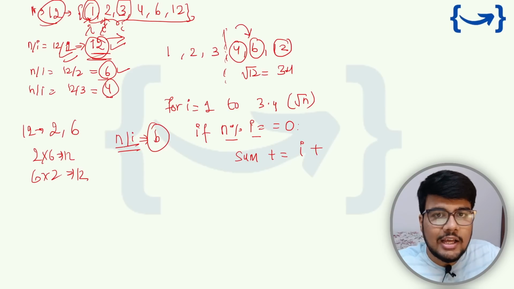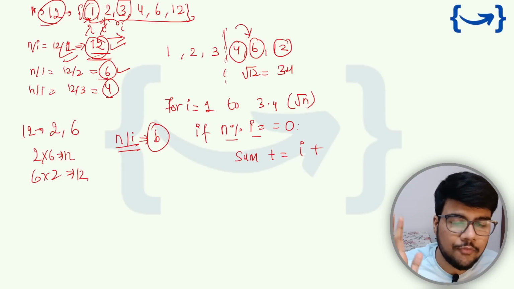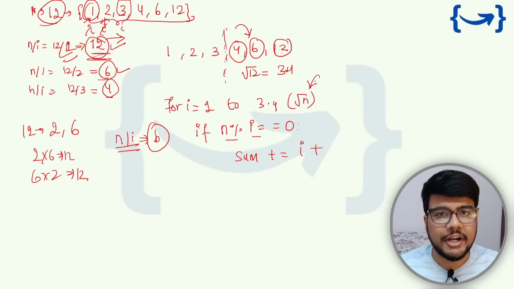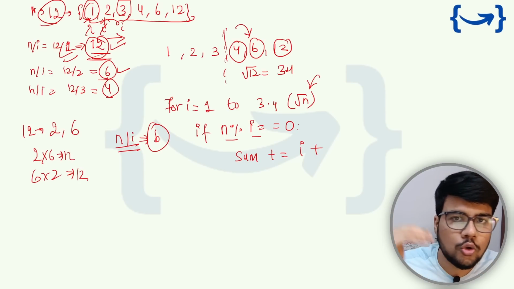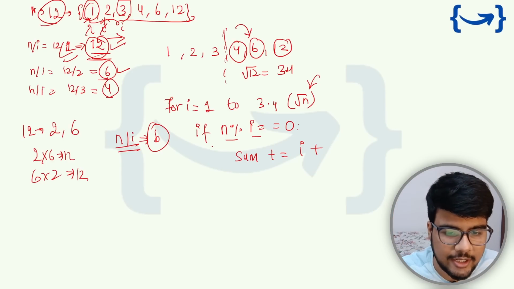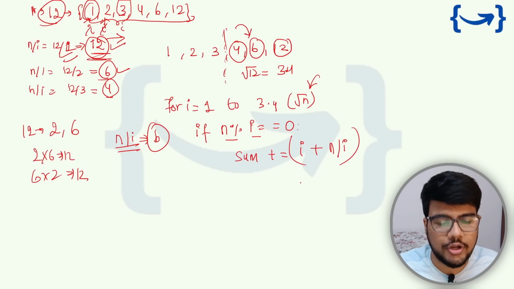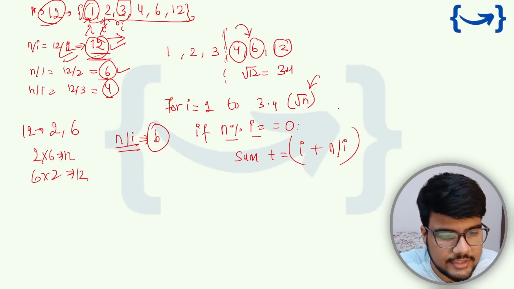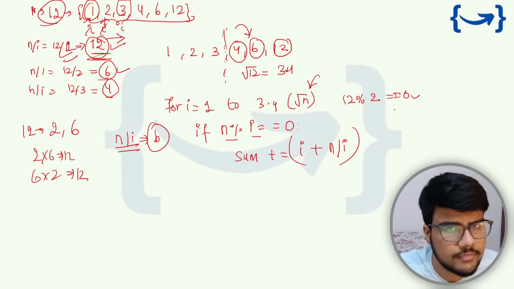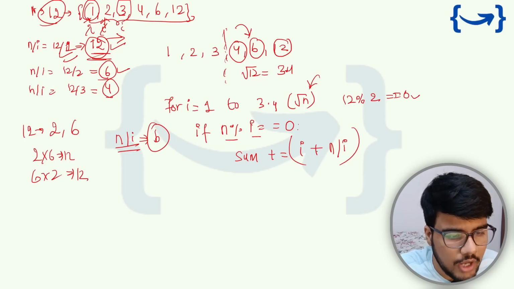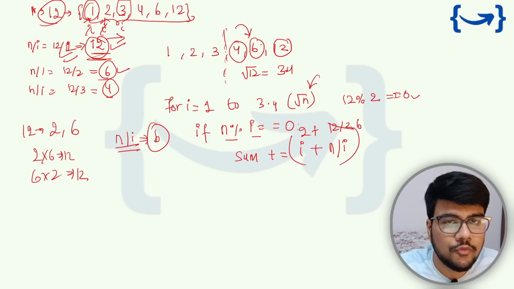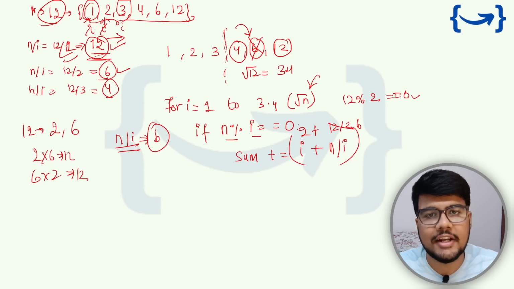As I am reducing my range, I will not go to that second point, that second quotient. So I will also include this here, and it covers everything. Let's say my n is 12 and my I is 2. It is totally divisible, yes, Aditya, it is divisible. Then I have I, so I add it. Now 12 divided by 2 would be 6, because we'll end up removing the reiteration stuff.